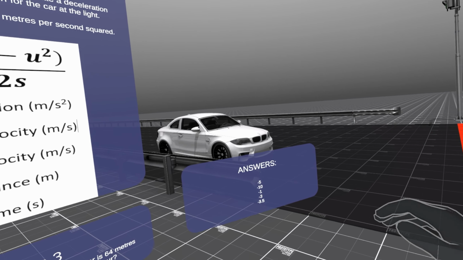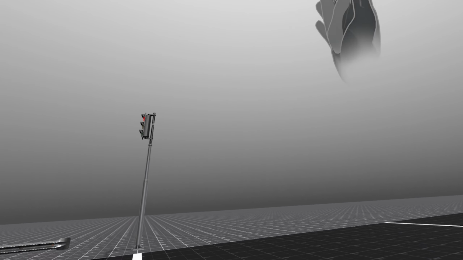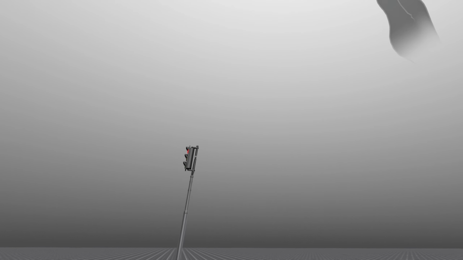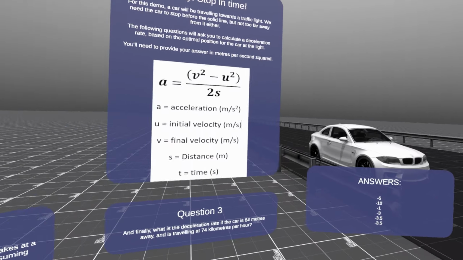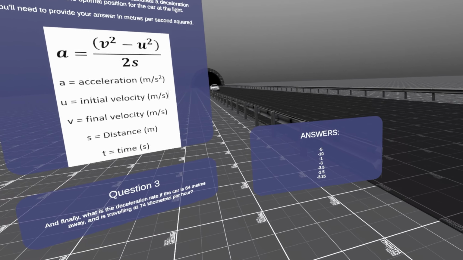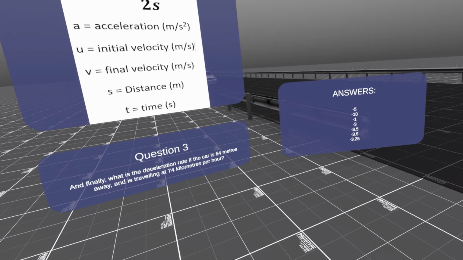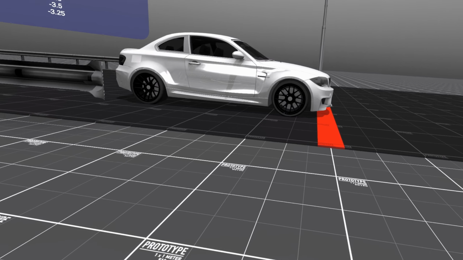Just a little far back, so... that's not entirely correct. Okay, so let's try -3.25. Hopefully that's pretty close. Oh, just over.